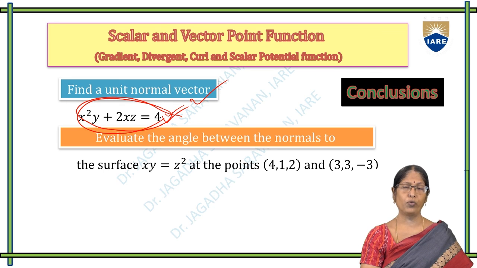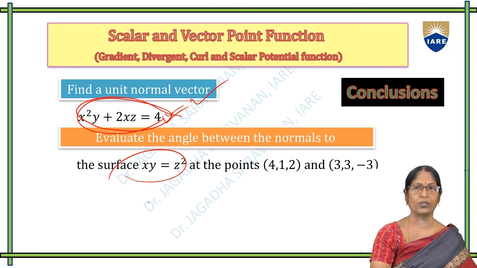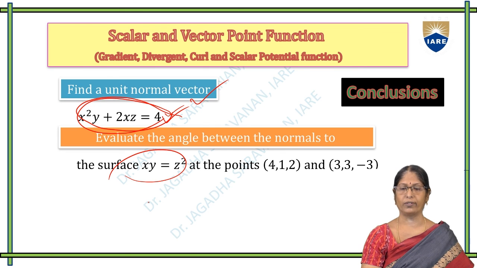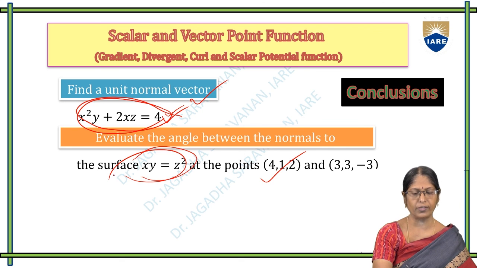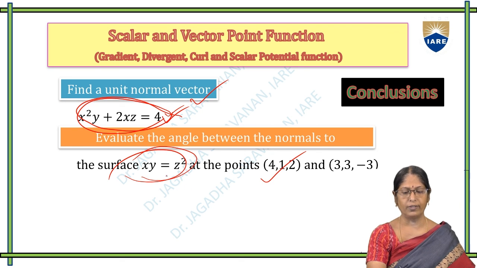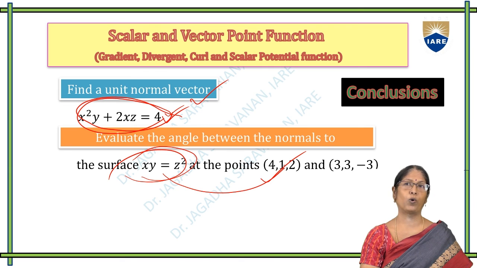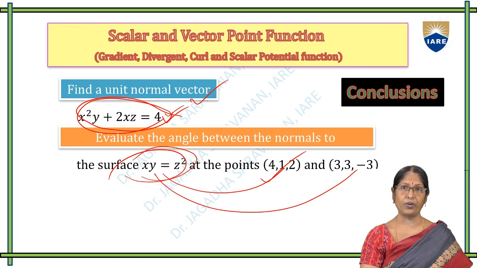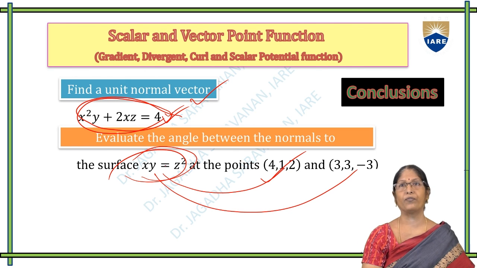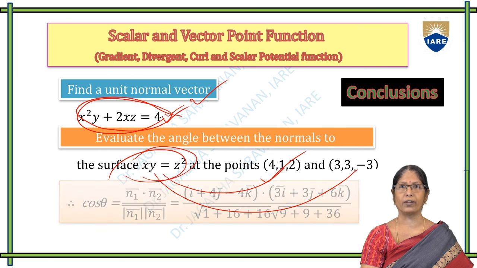Then next we moved to the surface which is given at 2 points. The first point is 4, 1, 2. The gradient of this function at this point, we found, that is the n1 vector. Same with the next point, the gradient of that particular surface at this point is the n2 vector.